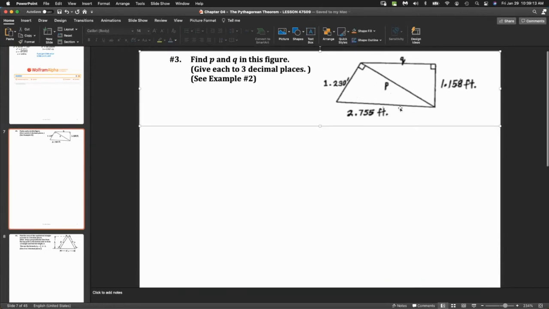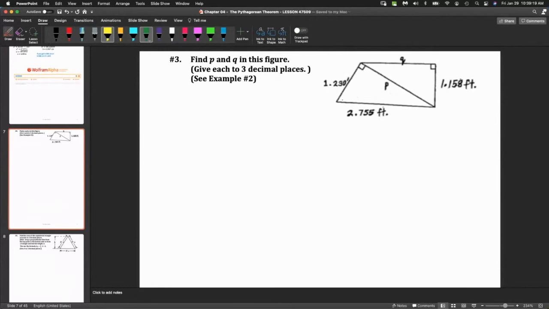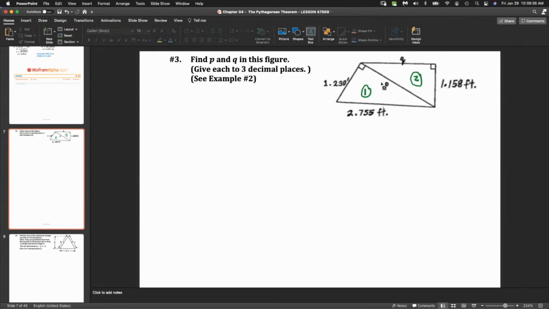So we have this compound figure. I'm going to label two triangles here. I'll call this triangle number 1, and I'll call this triangle number 2. Let's take a look at triangle number 1.